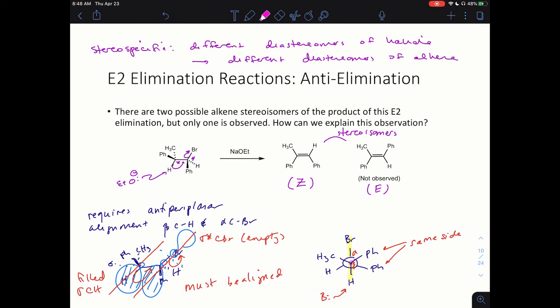And those two phenyl groups, they're going to be on the same side of the double bond. And then the methyl and the hydrogen, they're on the same side. And then you can see that in the product, right? Here are the phenyls, they're on this side. That's why this is a Z isomer. And the methyl and the hydrogen, they're on the same side.